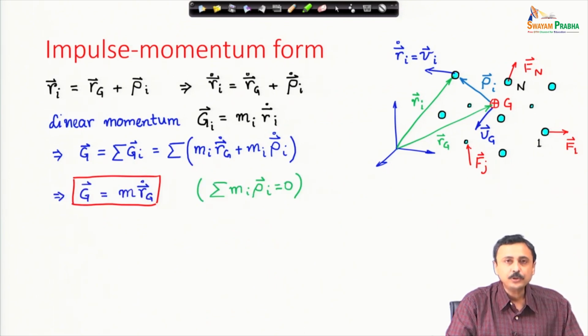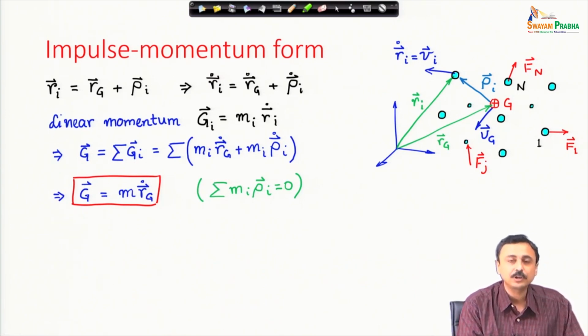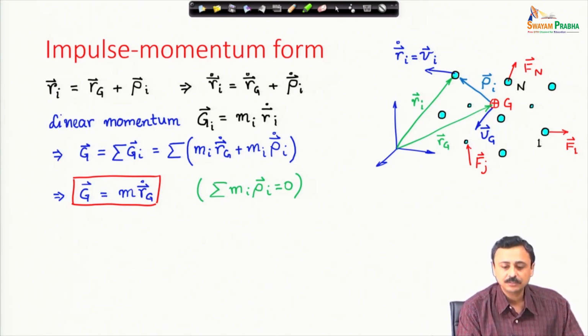And when I do this summing over, I get the summation of m_i, which is the total mass of the system, times the velocity of the center of mass, and the second term under summation, which is the summation of m_i rho_i dot, goes to 0 because of this identity that the summation of m_i rho_i is 0.